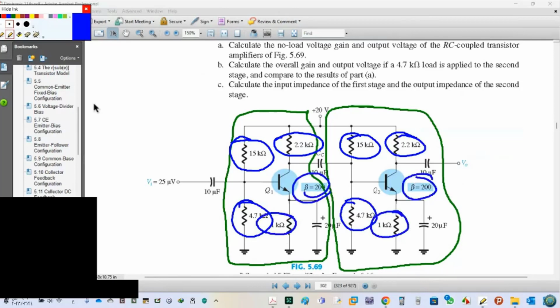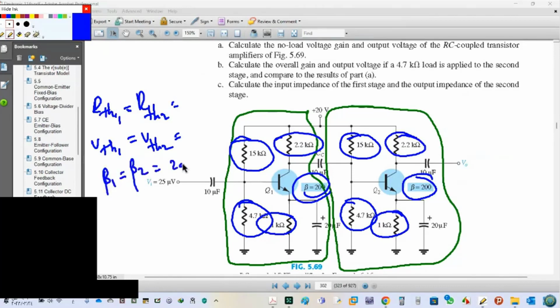Beta same. So if you want to calculate R Thevenin 1, because of the voltage divider it equals R Thevenin 2, and V Thevenin 1 equals V Thevenin 2. And beta 1 equals beta 2, equal to 200.